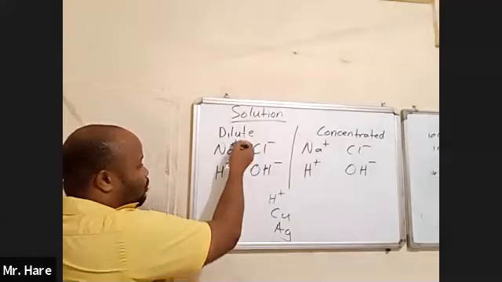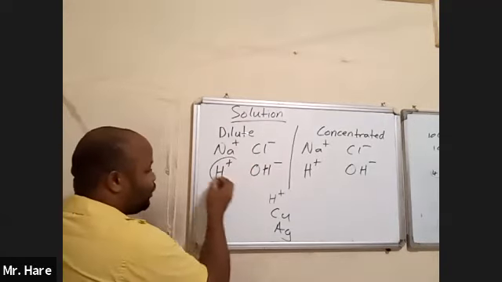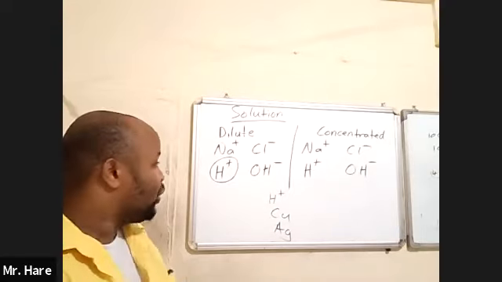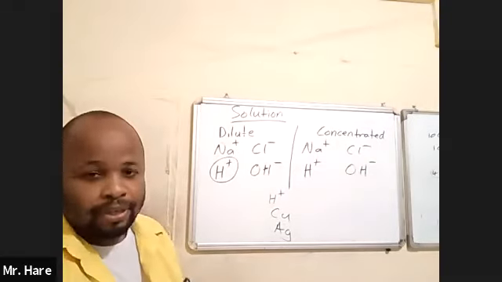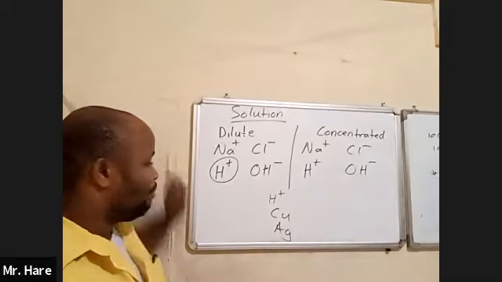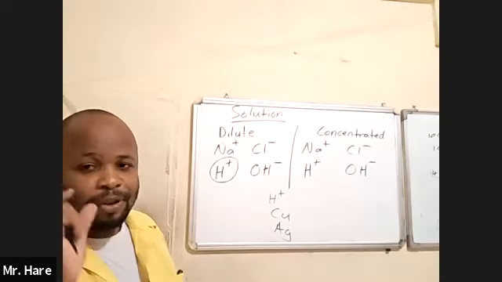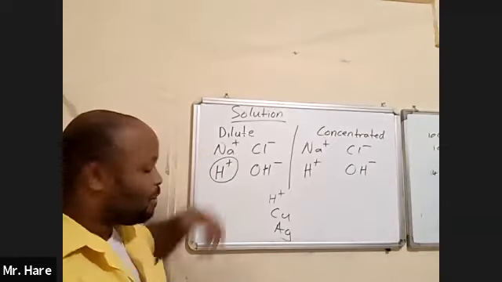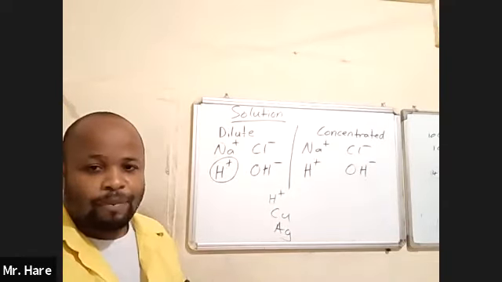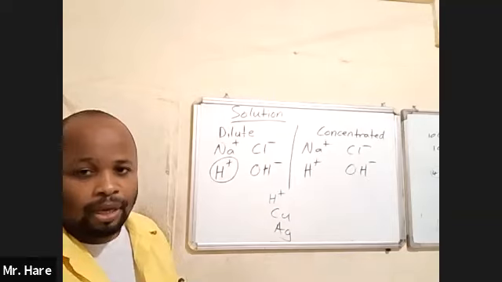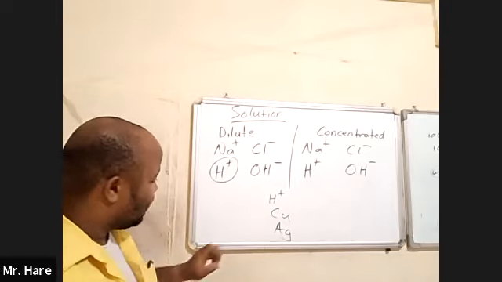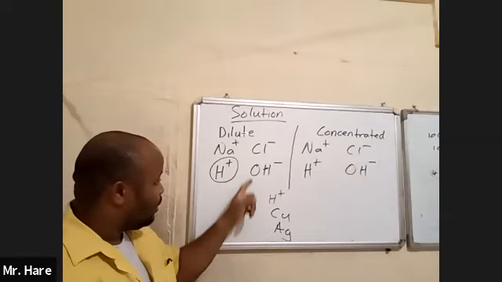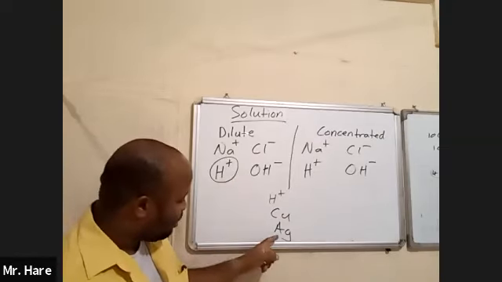Comparing sodium to hydrogen, hydrogen is below sodium, so hydrogen is going to take part, not sodium. So for the positive ions, it's the one that is further down in the electrochemical series that will take part. And as I said, the only two below hydrogen that we would use are copper and silver.